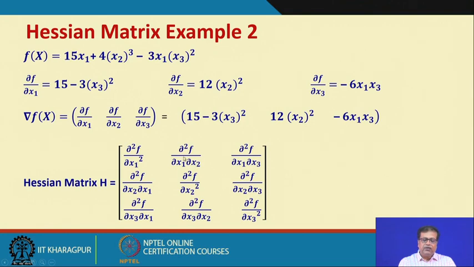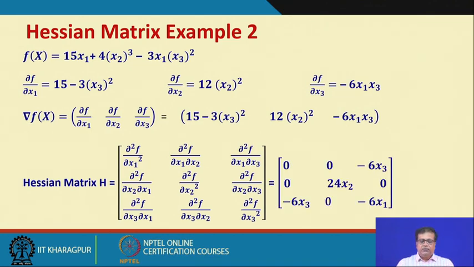If you differentiate it by del x 1, what will you get? 0 again. And what will be the third term? This is your del f del x 3. If you differentiate it with respect to del x 1, what will you get? You will get minus 6 x 3, is it not? So, like that you can get the Hessian matrix. This is how the Hessian matrix is obtained.